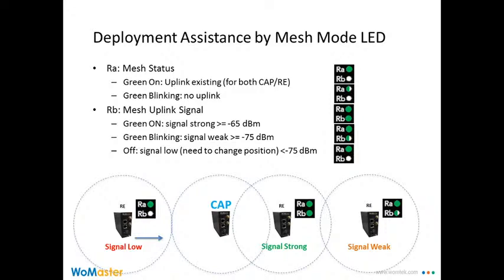The number is less than minus 65 and greater than or equal to minus 75 dBm. And if RB is off, it means the signal strength is very low. The number is less than minus 75 dBm.